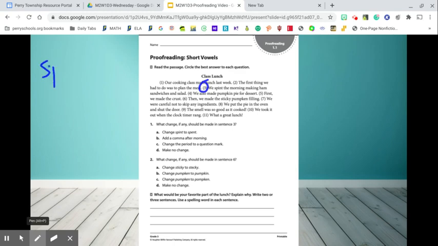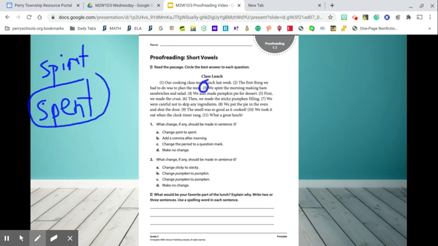This is how it is spelled, S-P-I-N-T, in the text, but they're asking, is this how we should really spell it? Well, I know that spent has this short E sound, and we're going to use the short E one. This is not how you spell spent. So I'm pretty sure it's A.